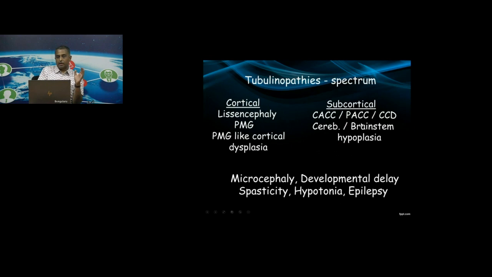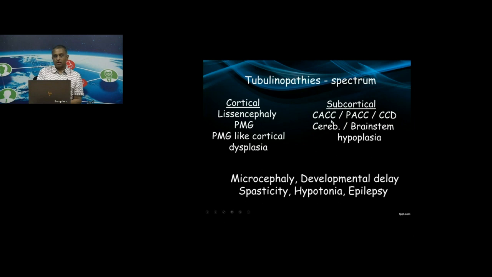At the subcortical level, it can give rise to callosal abnormalities, a complete agenesis, partial agenesis of corpus callosum, or dysgenesis of corpus callosum, cerebellar or brainstem hypoplasia. So if you have supratentorial or cortical level problems, plus a corpus callosal level problem, plus a posterior fossa problem, and if there is microcephaly, that is a cocktail which should tell you that you are perhaps in pursuit of a tubulinopathy gene which is abnormal.